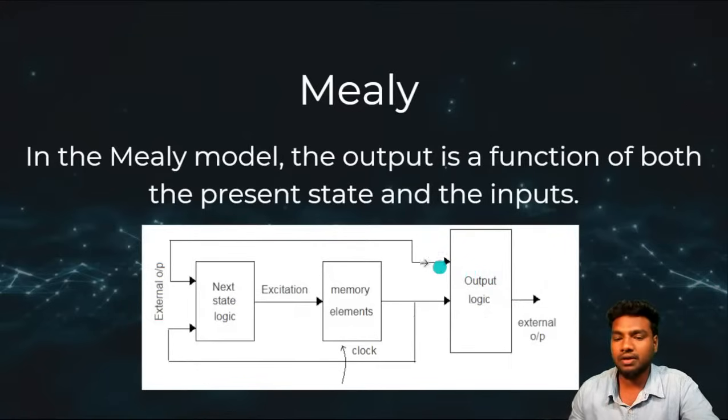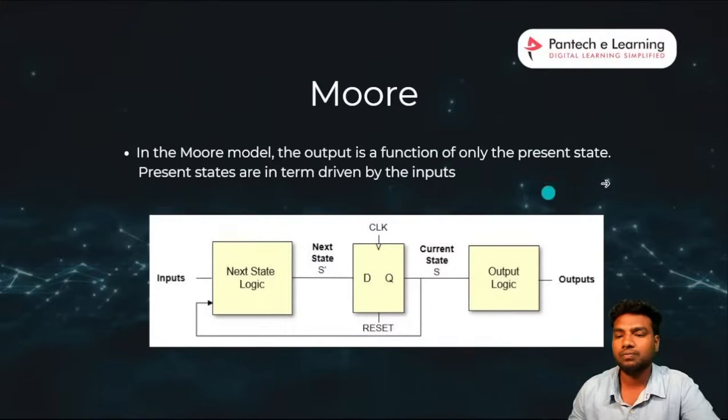You can see the arrow from the output logic to the next state logic, so it depends on both the current state input and the previous output. This is the Mealy working. It is based on the current state input and also the previous state output. This is the difference between Mealy and Moore.